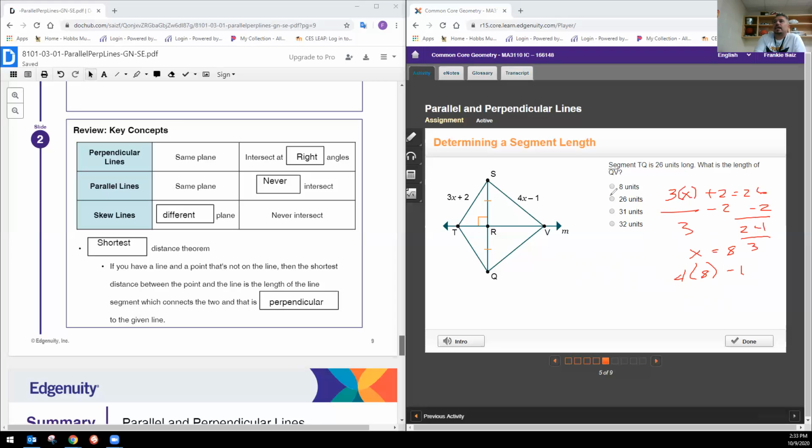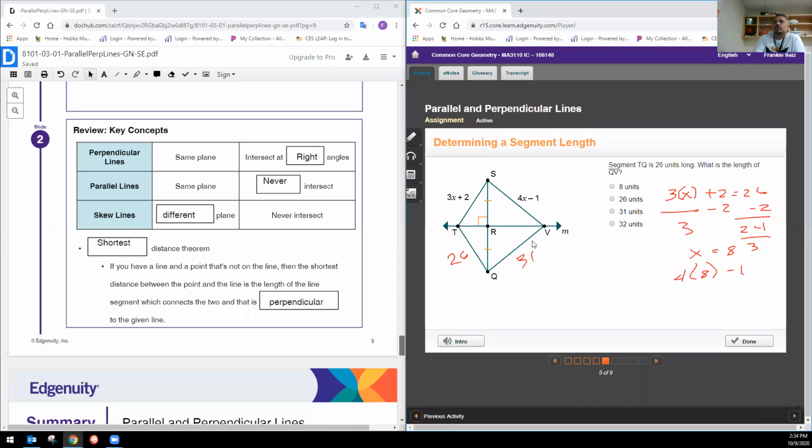So what I did is you have to do it like this. You have to substitute the 26 into this, make this an equation, and then solve for x right here to give you a real value of x. So 3 times 8 is 24 plus 2 is 26. So then that makes this 26, and that makes this 31.